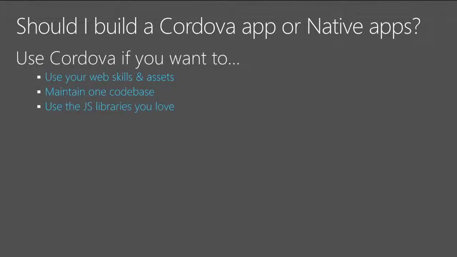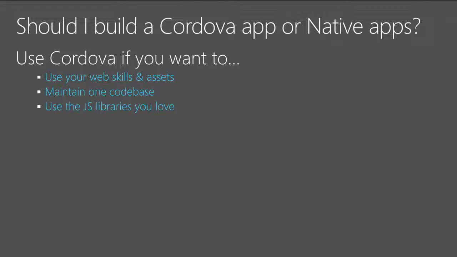So here's a great way to think about it. Use Cordova if you are familiar with web technologies. Use it if you've already got web applications that you think could be enhanced with native device capabilities or offline support. Use it if you want to maintain just a single code base and not really have to worry about having to customize it significantly for each of your target platforms.